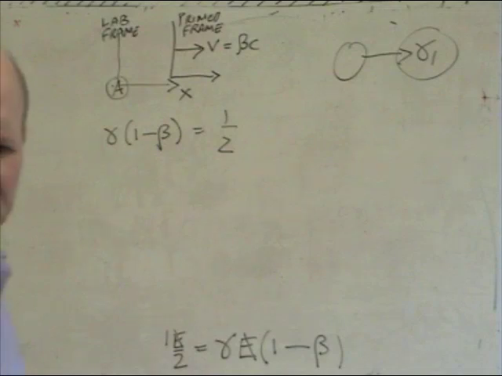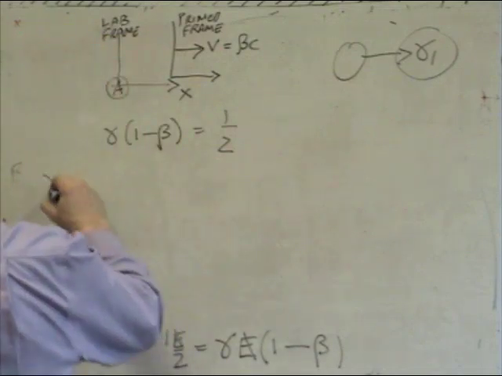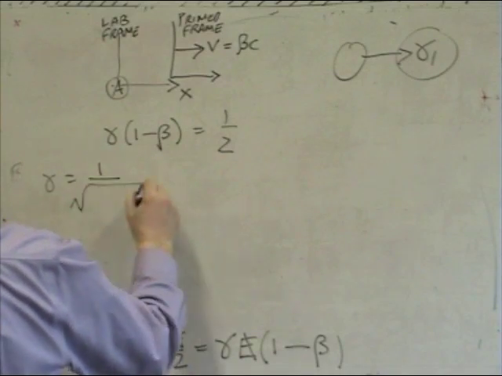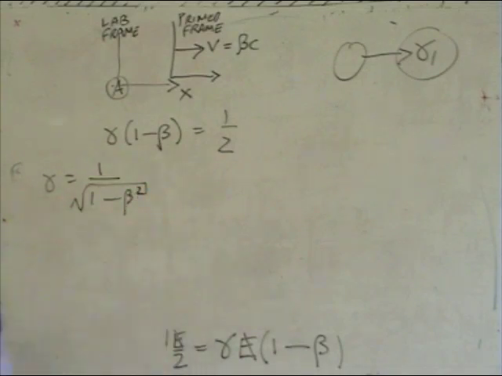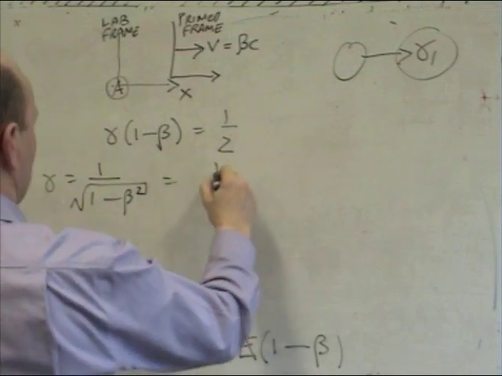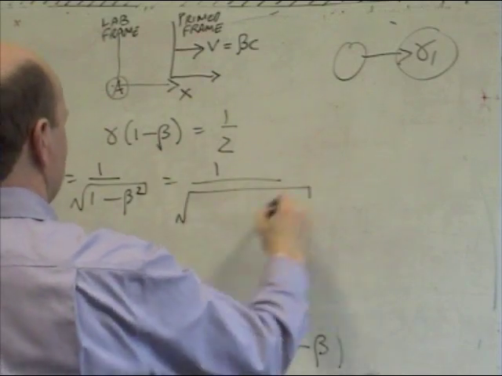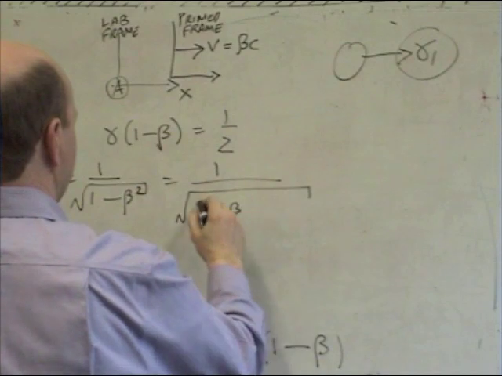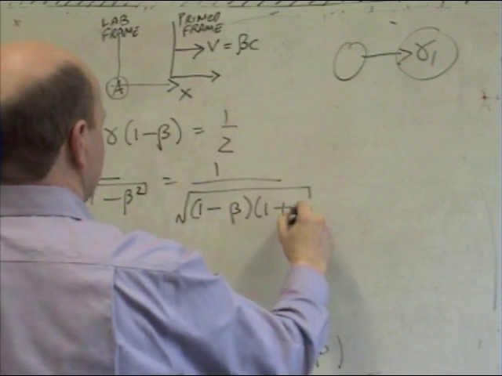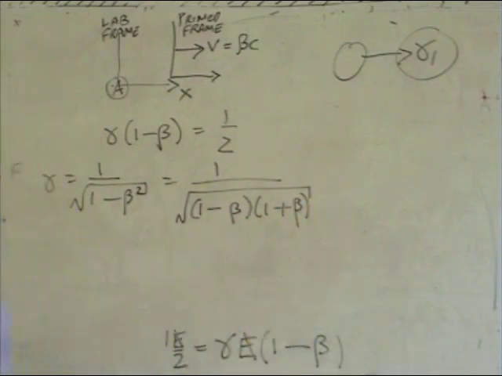Now here we can take advantage of some things we know about gamma and beta. Gamma equals 1 over the square root of 1 minus beta squared. But that equals 1 over the square root of 1 minus beta times 1 plus beta. Okay?